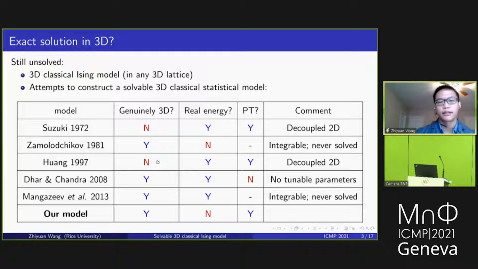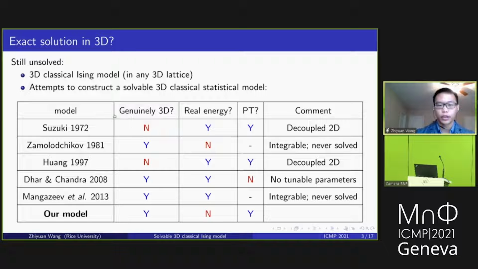Ever since then, people have been trying to generalize Onsager's work into the three-dimensional case, but this turns out to be extremely difficult, and the 3D classical Ising model remains unsolved up to now. Indeed, no one has ever succeeded in constructing a solvable 3D classical statistical model that is genuinely 3D, has real energy or positive Boltzmann weights, and a non-trivial phase transition.